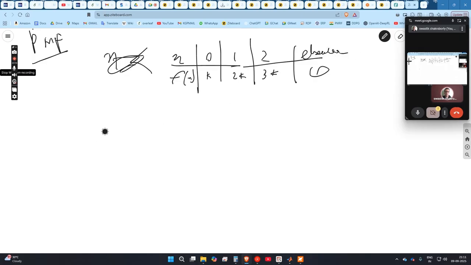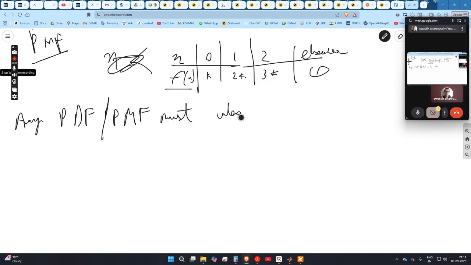So now f(x) is a PMF. Any PDF or PMF must integrate or sum up to 1. Integrate in case of PDF and sum in case of PMF. So here it will sum up to 1.